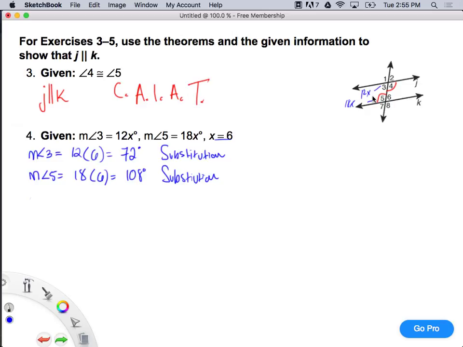So I should show that they add up to what? 180. So in order to show that, I should add them together, right? Yeah. So I'll show that m of angle 3 plus m of angle 5 equals 72 degrees plus 108 degrees, right? And I do this by the addition.